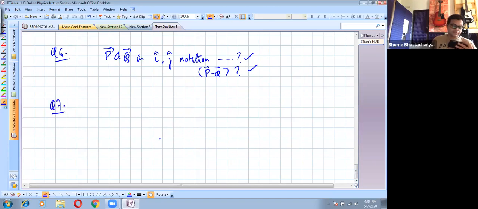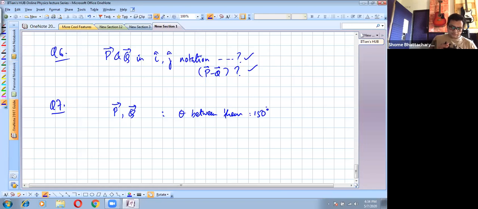Question 7 is again a bit of application of the triangle law. It is given that P and Q are two vectors such that the angle theta between them is 150 degrees.